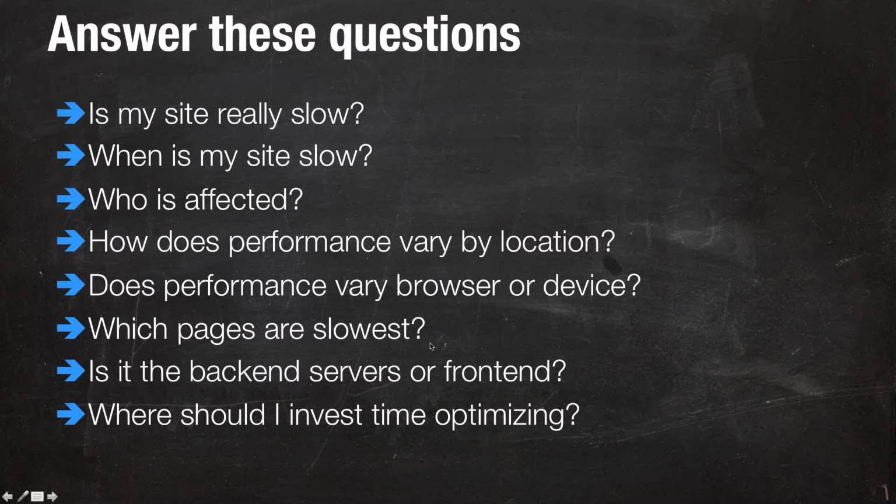And then, of course, you need to understand which pages are slowest. It could be that every single page on the site is slow, which may point you to server-side problems, or it may be just one or two particular pages.